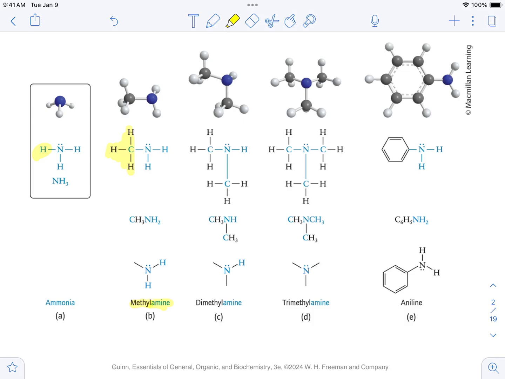If we replace two of the H atoms, so let's replace the yellow and the orange, as we move right here, that would be the orange replacement, and that would be the yellow replacement. So we have two methyl groups now added to the N atom, so we call this dimethylamine.